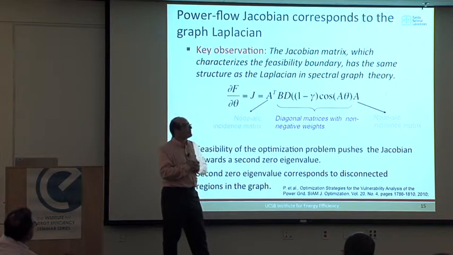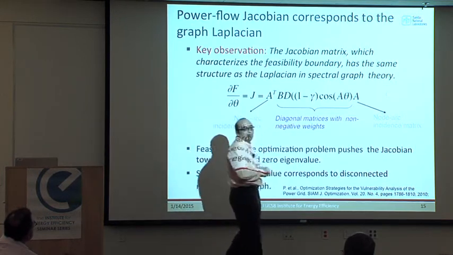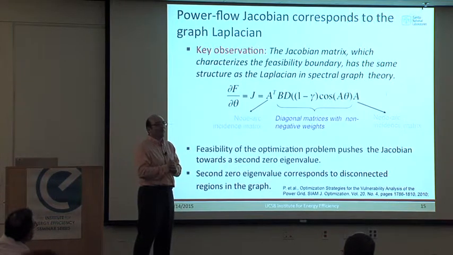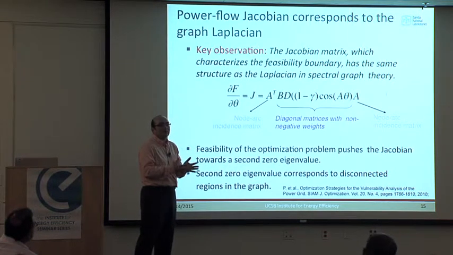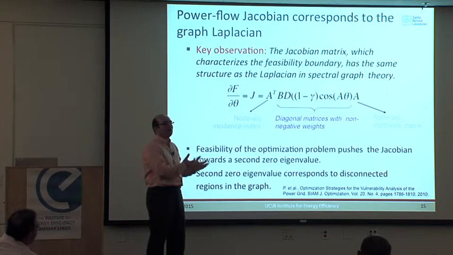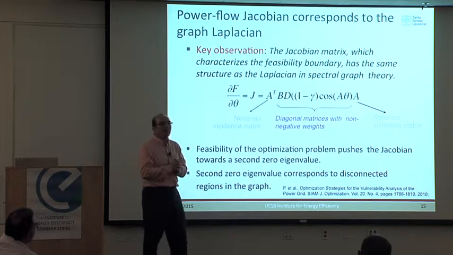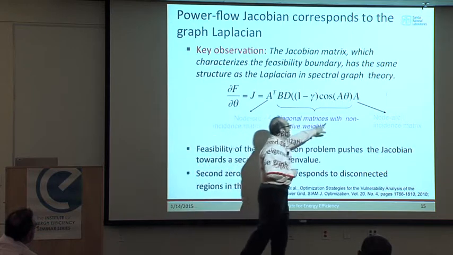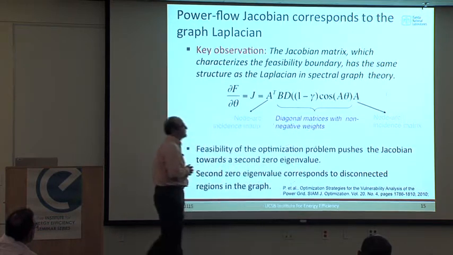This is the node-arc incidence matrix. It's multiplied with A, and if you're familiar with spectral graph theory, that's the Laplacian, which we've been working on. We know how to analyze the structure of that matrix. So give me a graph, I turn it into a Laplacian, and I can tell a lot from the eigenvalues of that matrix.